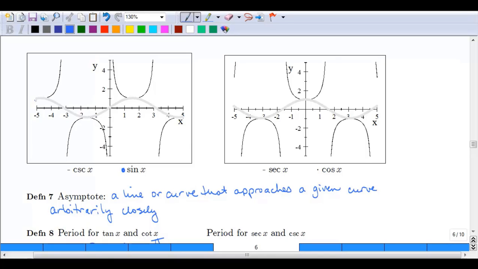The blue line here is our sine function, and we're used to that sine function. We saw it in the last section. Now what we're looking at is the cosecant, and again, cosecant is 1 divided by the sine of theta.